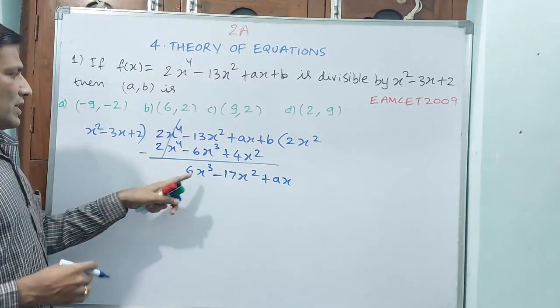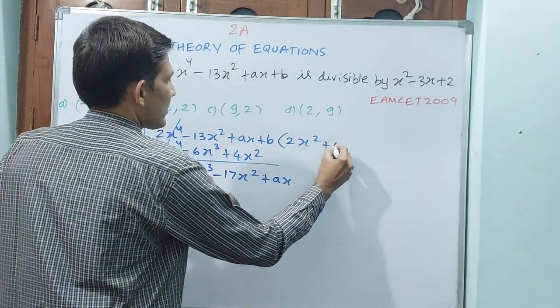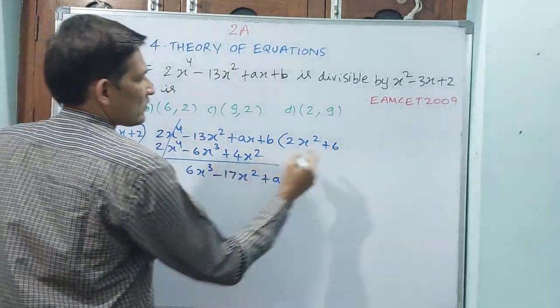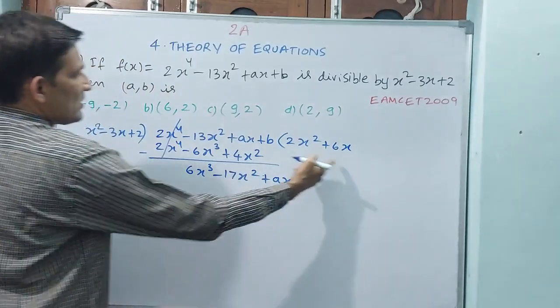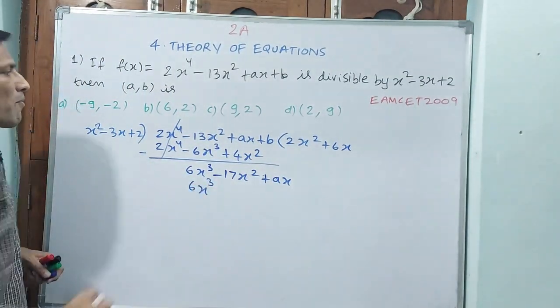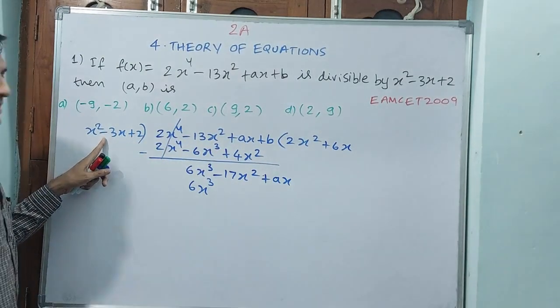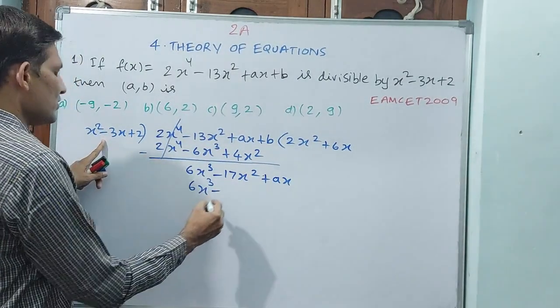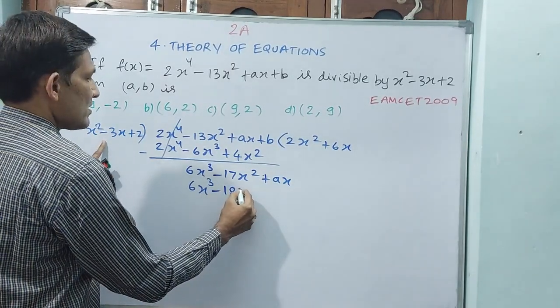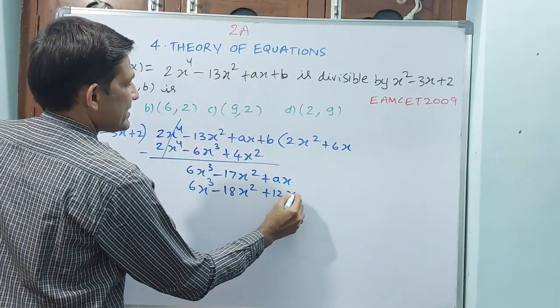Now see, 6x cube is there, x square is there. That means you see plus 6x, x you keep. See, 6x into x square, 6x cube. And 6x into minus 3x, minus 6 into 3, 18, x square. 2 into 6, 12x.